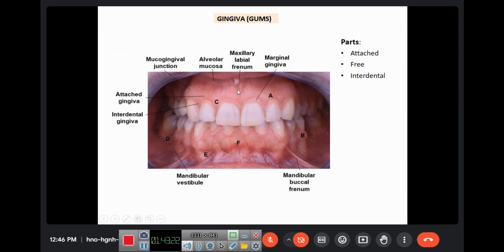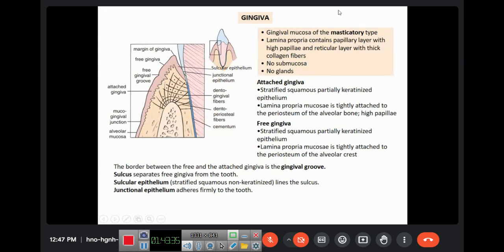The gingiva is continuous with the alveolar mucosa of the lining type, which covers the alveolar processes of the jaws. Gingival mucosa is the mucosa of masticatory type, because the gingiva participate in the chewing process, in the mechanical processing of food, so they should resist mechanical stress.